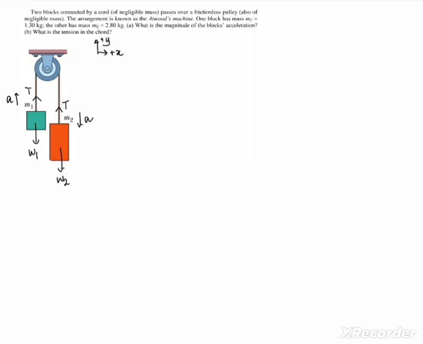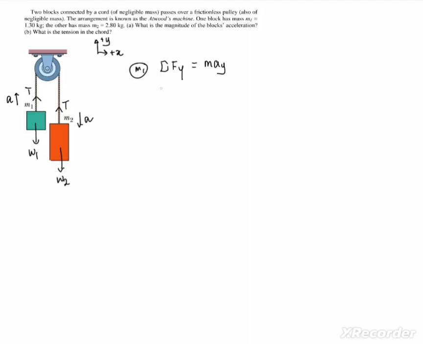So if we write F equals ma in the y direction for both, because they are both moving in the y direction, let's write this for M1 first. We have Fy equals M times a_y.